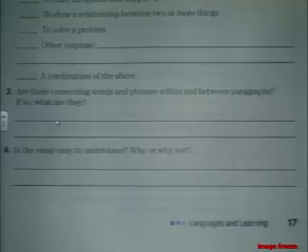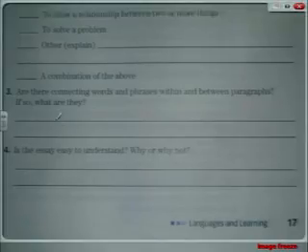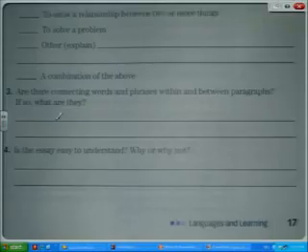Right. So are there connecting words and phrases within and between paragraphs? If so, what are they? Well, we saw a few, and if I can remember correctly, they were something like in addition, right?